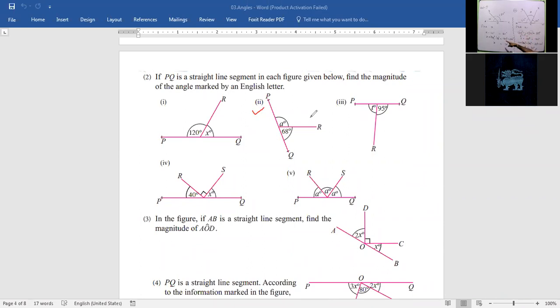This is the correct way. Just follow the way, and send me the answers. Just type the magnitude and send me. Let's see who finishes first.